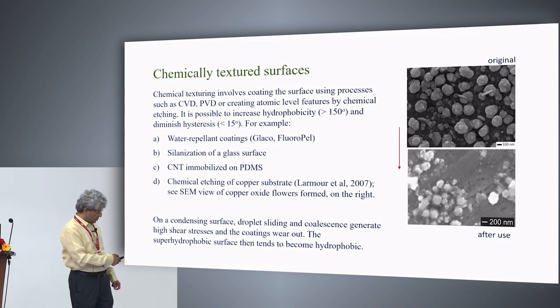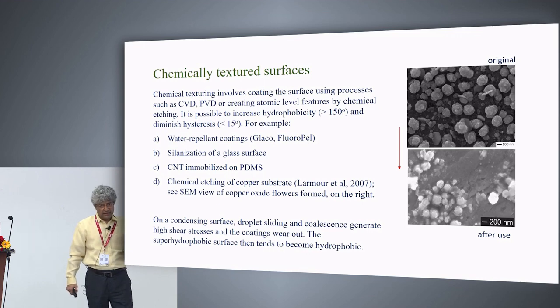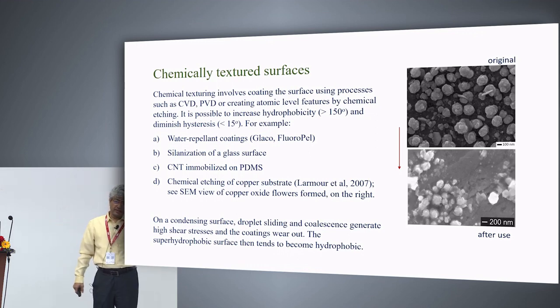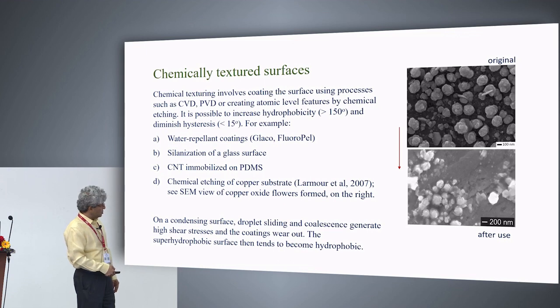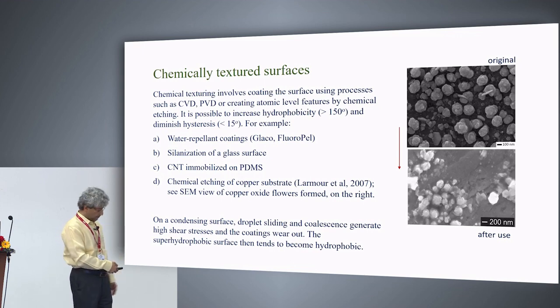So even the one that we made on a copper substrate, you can see the SEM image here, but after a few cycles of drainage, it wears out. And super hydrophobic tends to become hydrophobic. Water productivity significantly falls. So we have been looking for alternatives to the use of coatings.